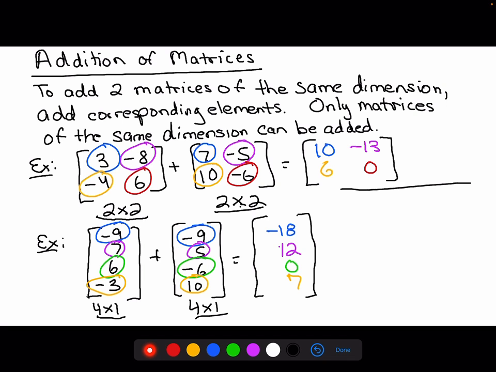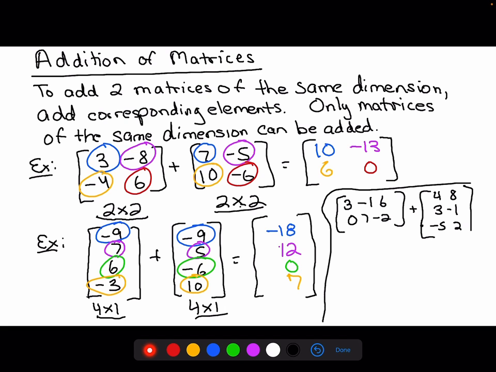Like let's say, for example, you have this one, 3, -1, 6, 0, 7, -2, and you want to try to add that with 4, 8, 3, -1, -5, 2. So this one is 2 by 3, this one is 3 by 2. Those cannot be added because of those different dimensions.